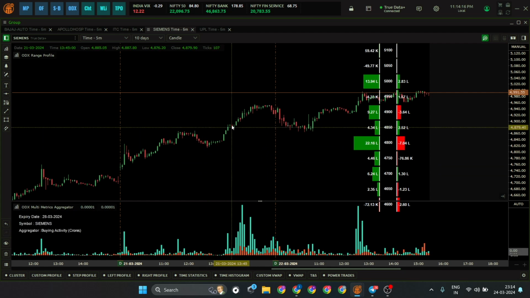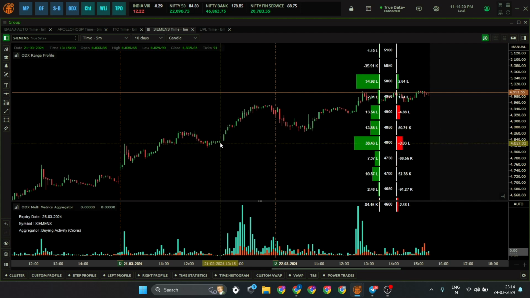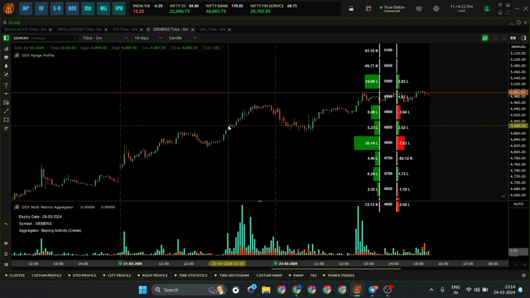Yes guys, if I just place it on this candle, you can clearly see the price at which this script is trading is somewhere near 4879. For a better round figure, let's consider it as 4900.